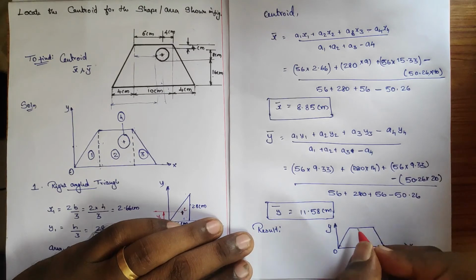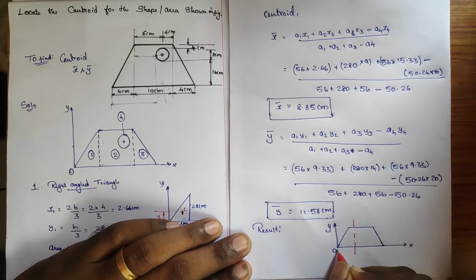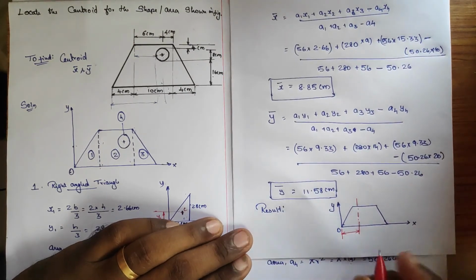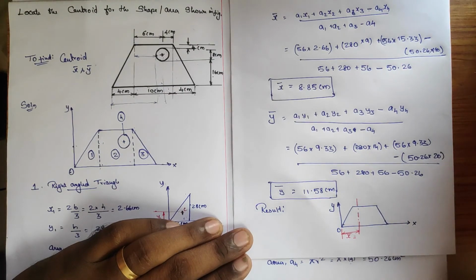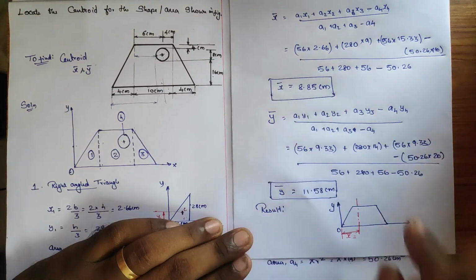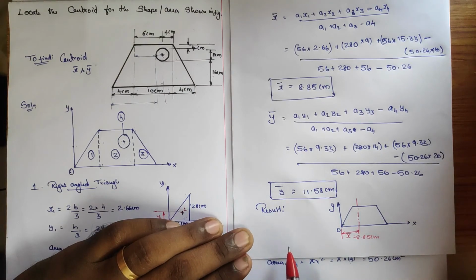So here I'm just going to plot the x distance, x bar. Okay, and y which is 11.58.